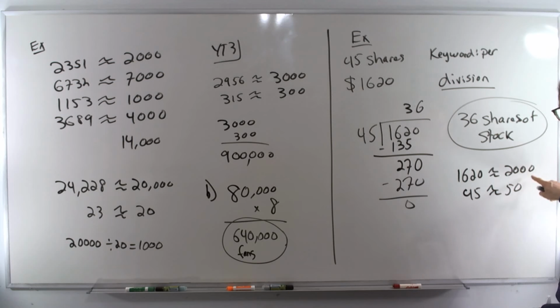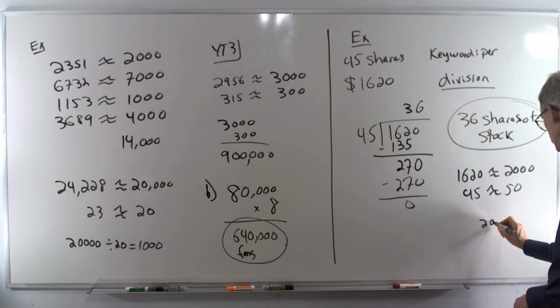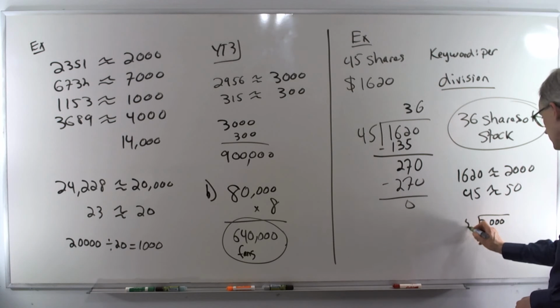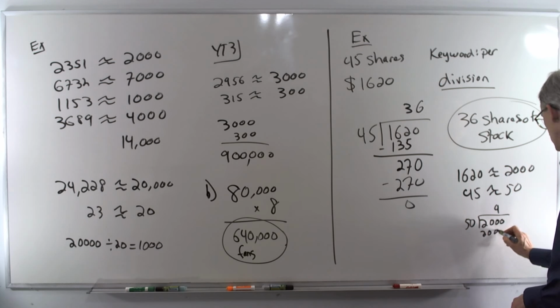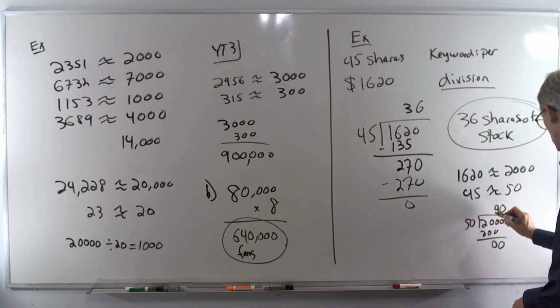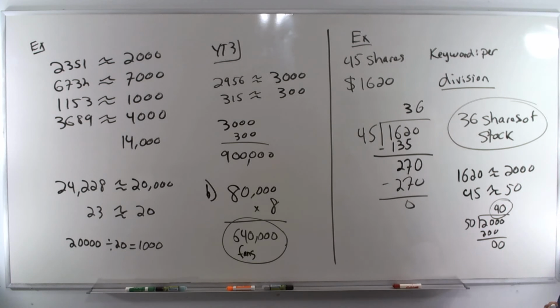Now we're going to do 2,000 divided by 50. That gives us 40. So 40 is pretty close to 36, so that confirms.